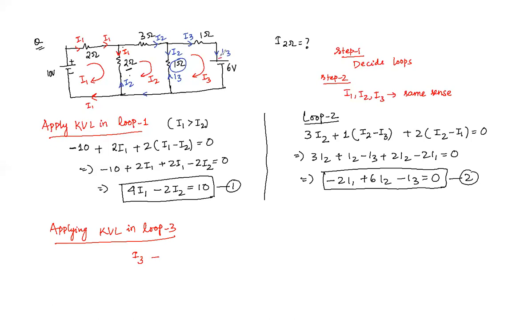Positive to negative here, positive to negative, I have to write it as plus 6, right? Then we have to traverse this 1 ohm resistance, and I am in loop 3 now. So I have to prioritize the current of loop 3, that is I3. So I can write it as plus I3 minus I2 is equal to 0, right? So here we are going to get 2I3 minus I2 is equal to minus 6.